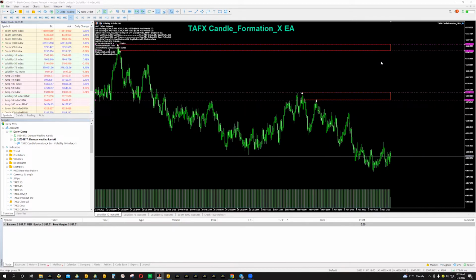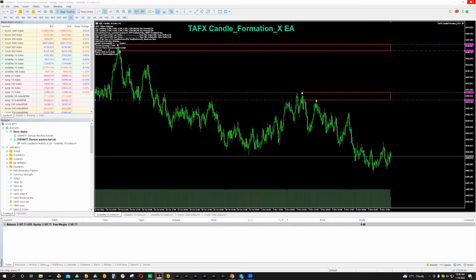Guys, today we just want to share the video about the TFX candle formation, the updated or upgraded EA. I do believe that you have been following us on our Telegram, and you know that the candle formation was doing a great job, because we have been sharing the result from the TFX candle formation.